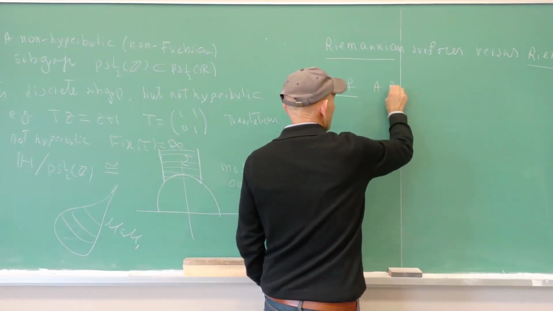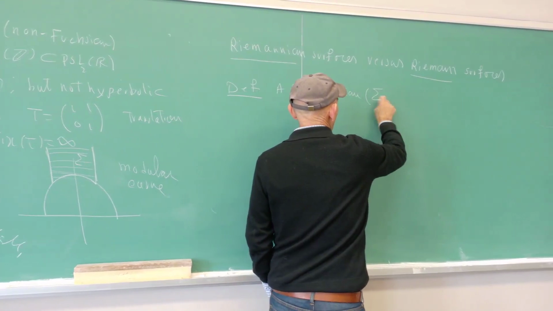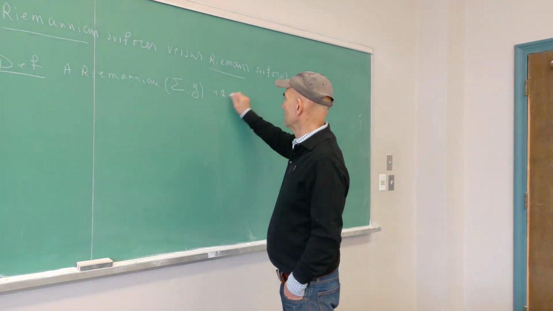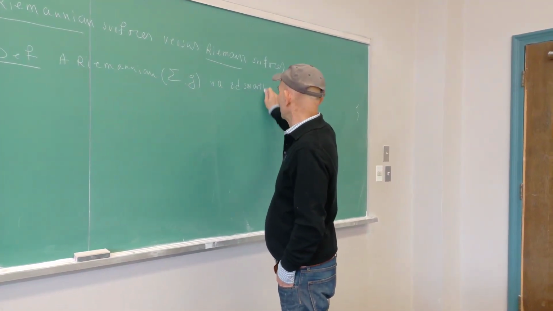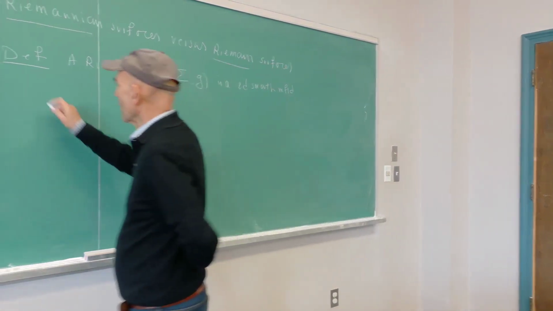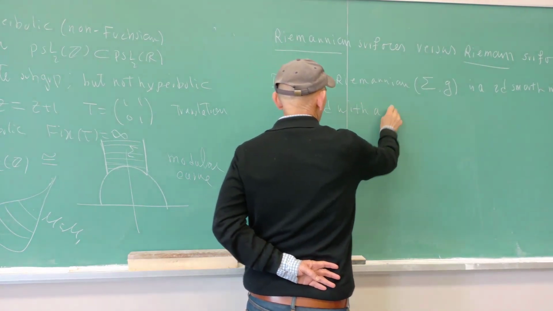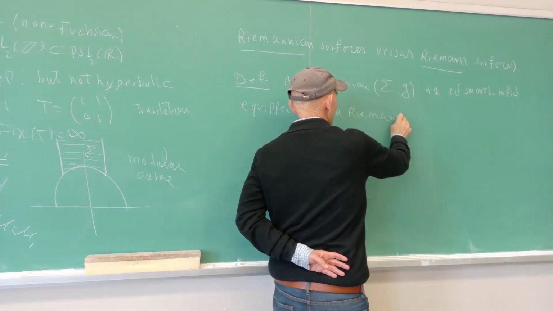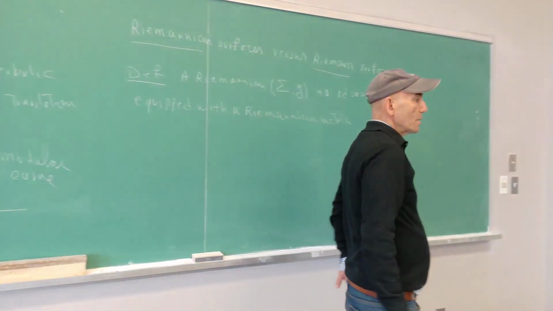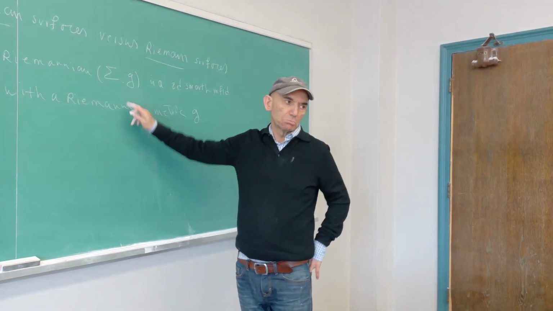Okay, so a Riemannian surface (sigma, g) is a two-dimensional smooth manifold equipped with a Riemannian metric g.